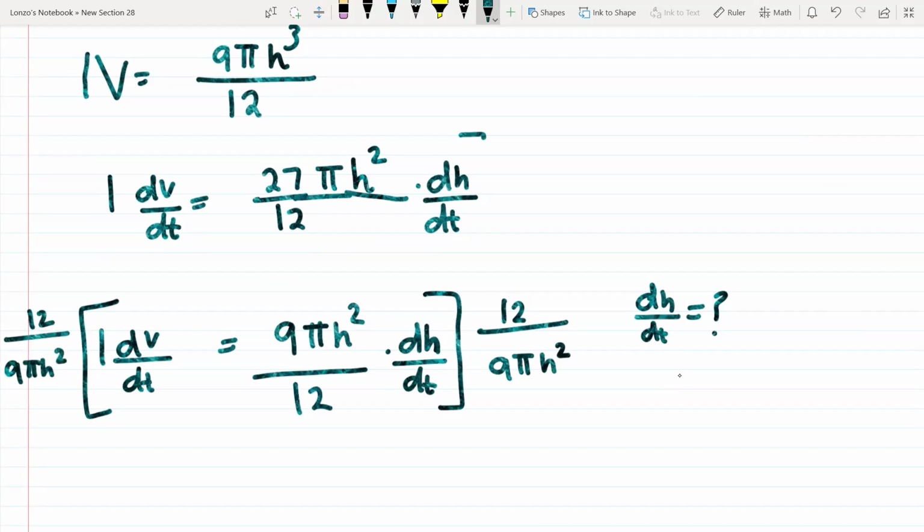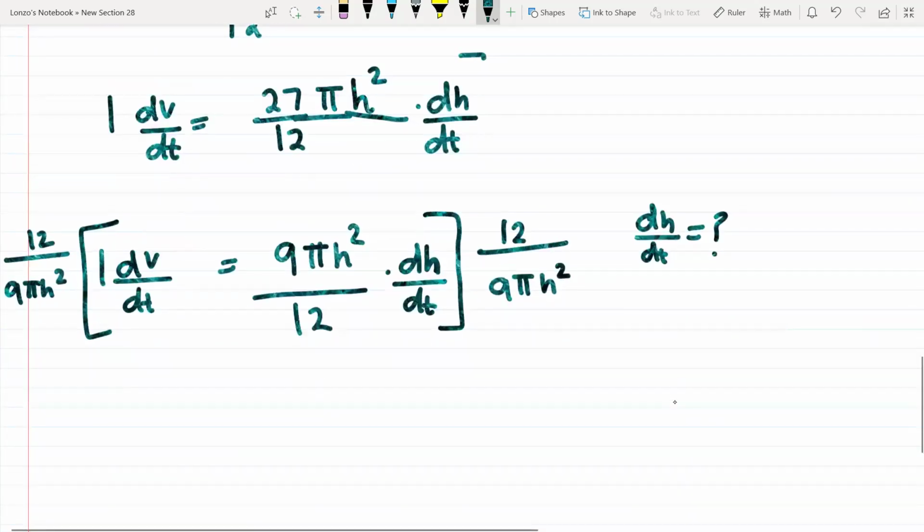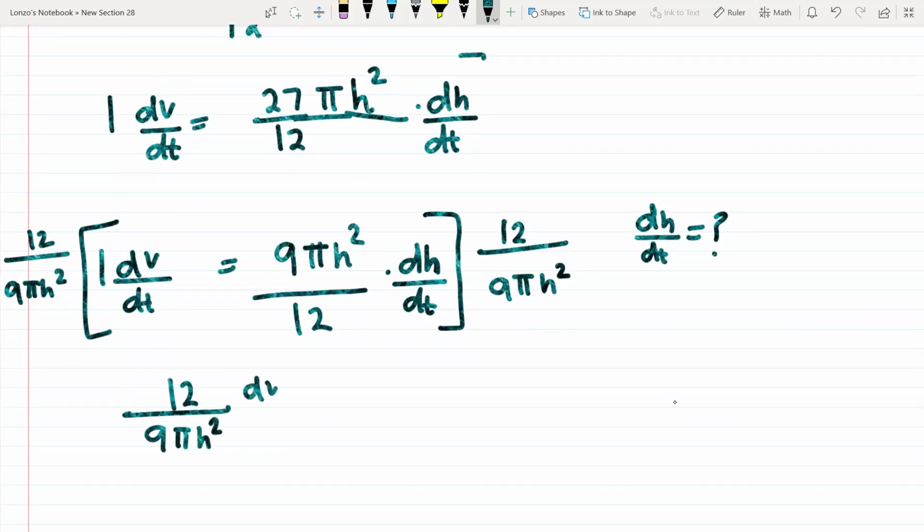Okay. So 12 times 1 dv, that's 12. And then this would be 9 pi h squared. And then you'll have dv dt. And then over here, this cancels, which is what we want. And we're left with dh dt.